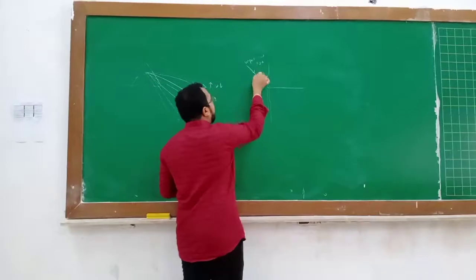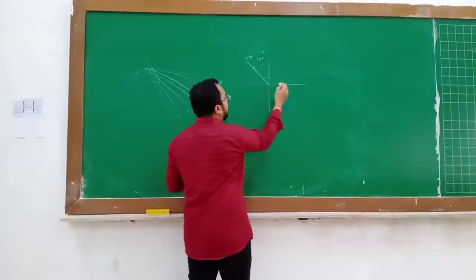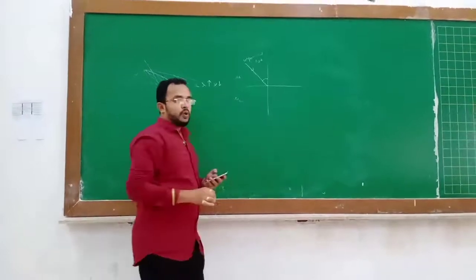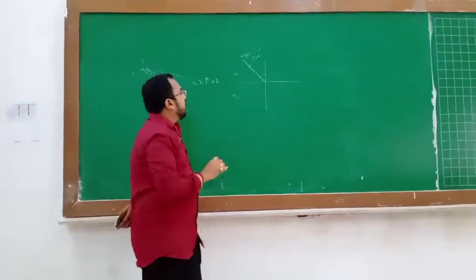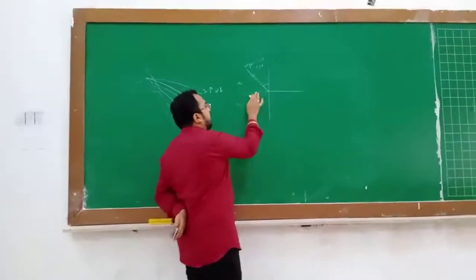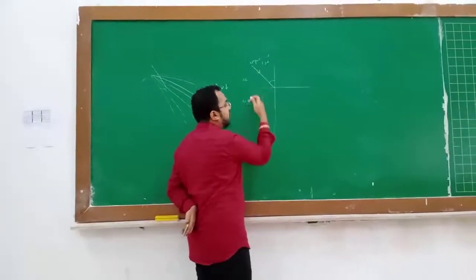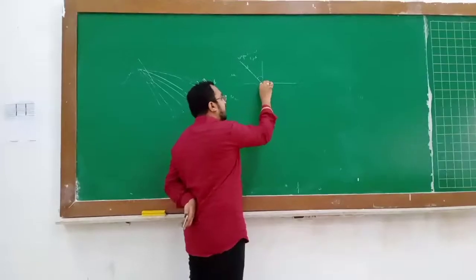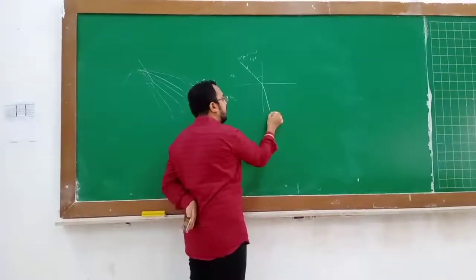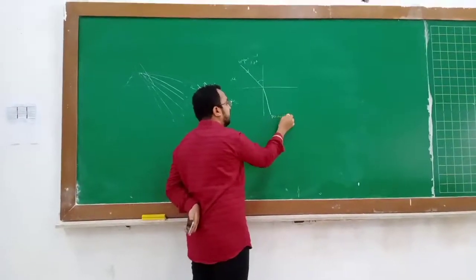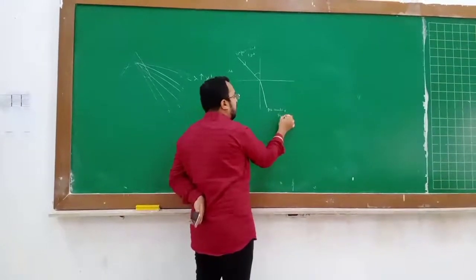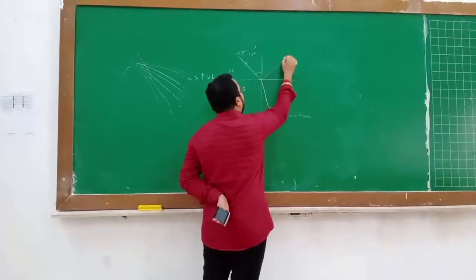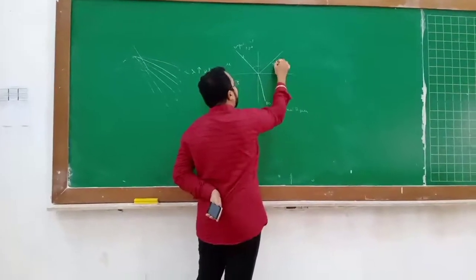When unpolarized light is incident on a surface separating two media, here is medium 1, here is another medium 2, some part of it refracts as partially polarized light, and the remaining part reflects as plane polarized light.